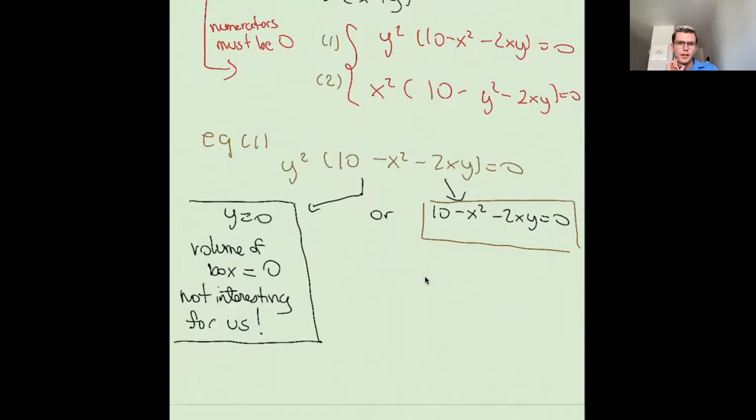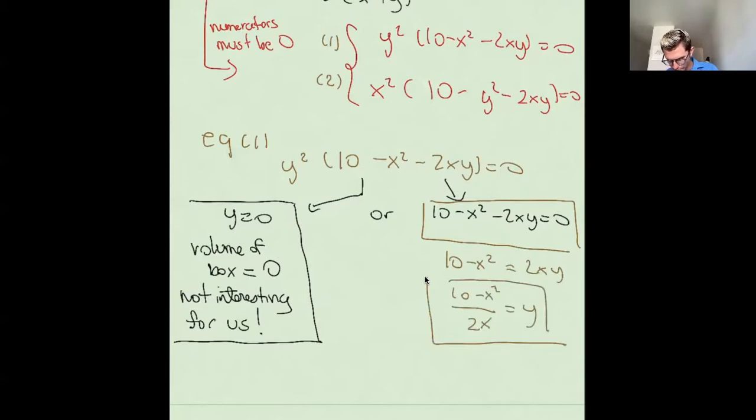And again, for example, you can use this one if you want to say that 10 minus x squared equals 2xy. And so 10 minus x squared over 2x equals y. Is that making sense?